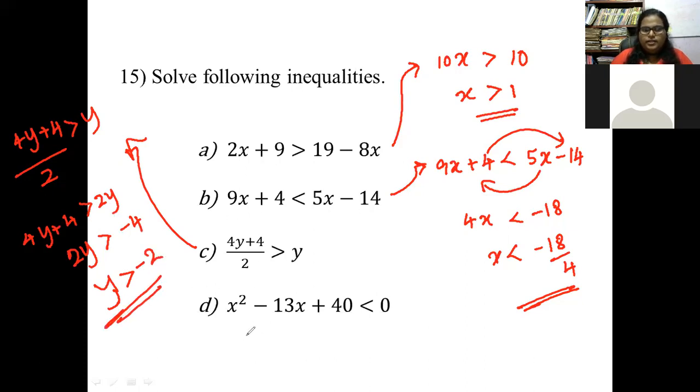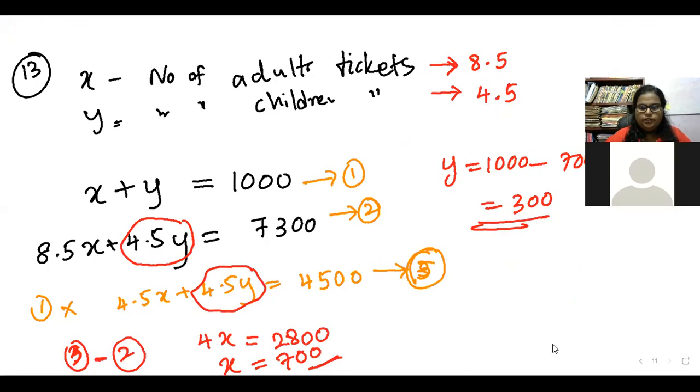And when we take this x square minus 13x plus 40 equals 0, if you have to solve a quadratic equation like this, let me show you in the whiteboard. The first thing you have to do is factorize this inequality.